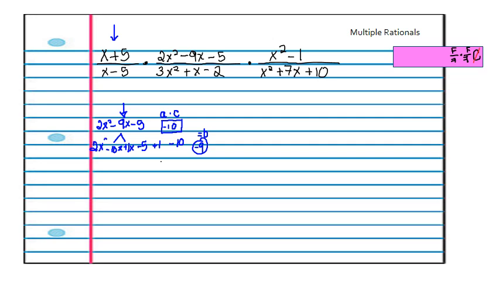2x squared. It's a game. And now we're going to make our little groups and factor each one of the groups. First group, we're going to take out a 2x. Everybody can have a 2, they can have an x. That's going to leave us with x minus the 5. Plus, got to take something out here, so at least a 1.